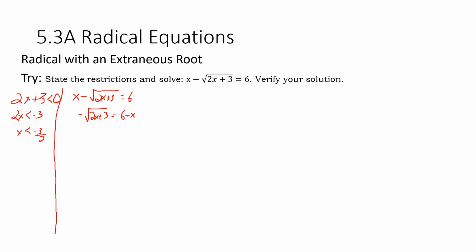Multiply everything by negative 1, and you'll get root 2x plus 3 is equal to positive x minus 6. Now we're going to square both sides, and we'll be left with 2x plus 3 is equal to x minus 6 squared.